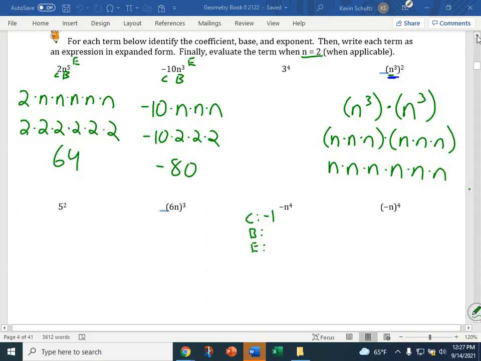Is that negative sign affected by the power? No. So our base is only n. Our exponent is a 4. In expanded form, we've got n times n times n times n, and that negative sign is just out in front, almost like a -1 times n times n times n times n.